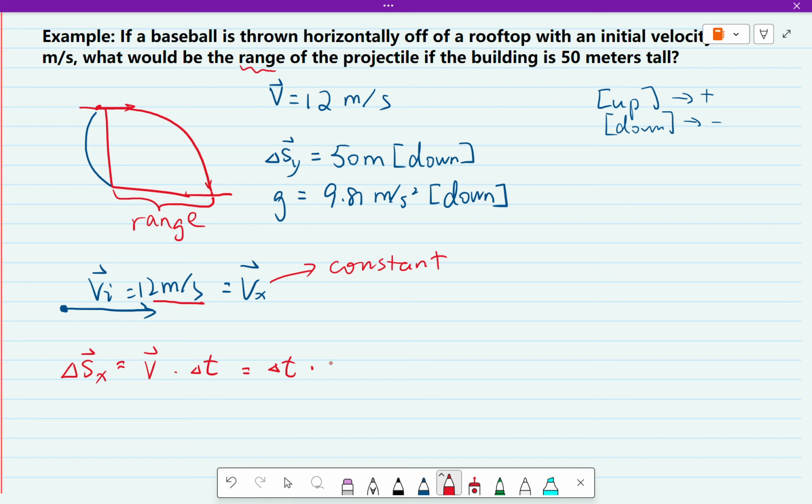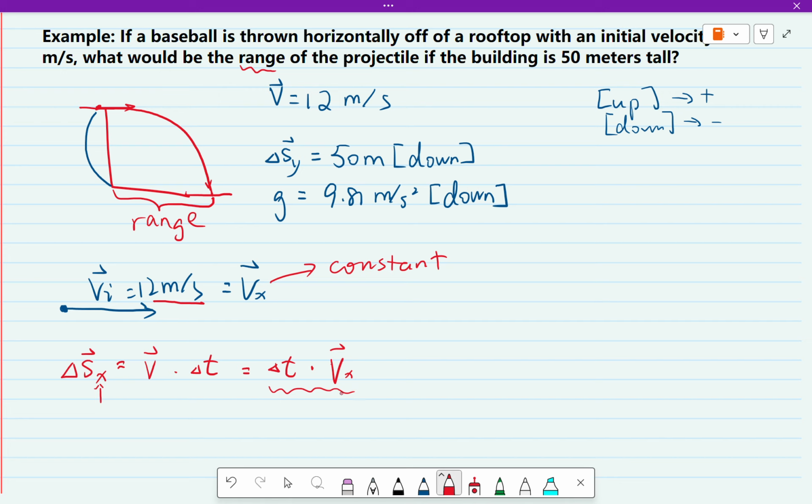Is this horizontal velocity, vertical velocity, initial velocity? What kind of velocity are we using? Since we have a subscript x here, we'll just say it's the horizontal velocity because we're looking for the horizontal displacement. So this would be the formula that we're using.